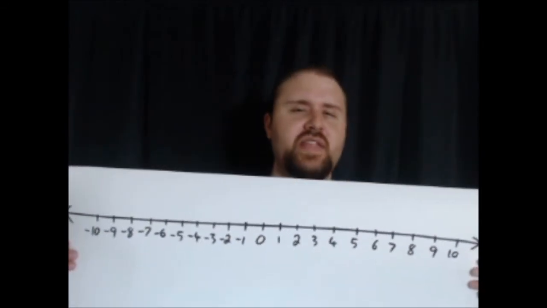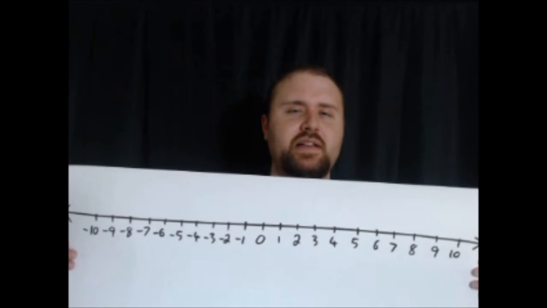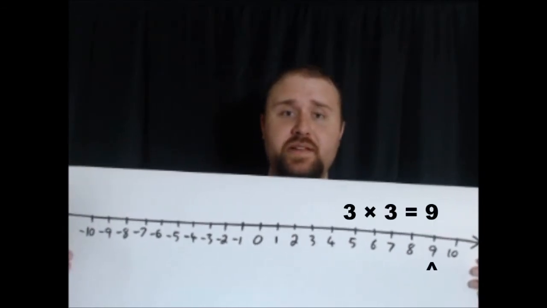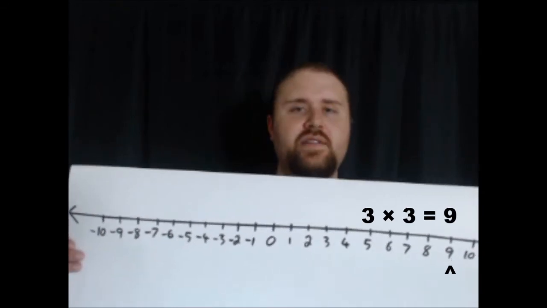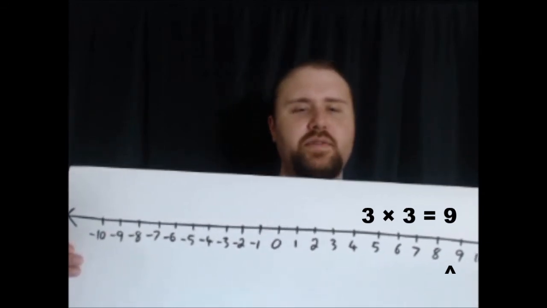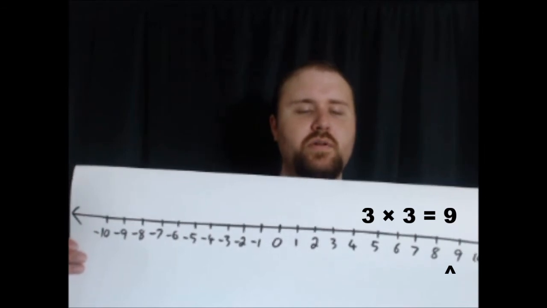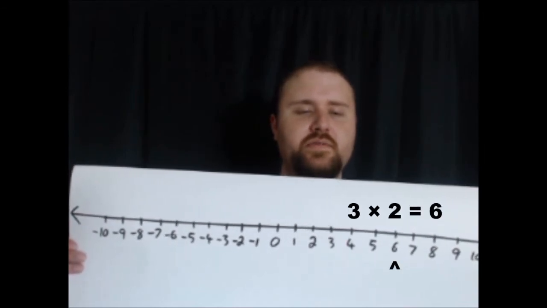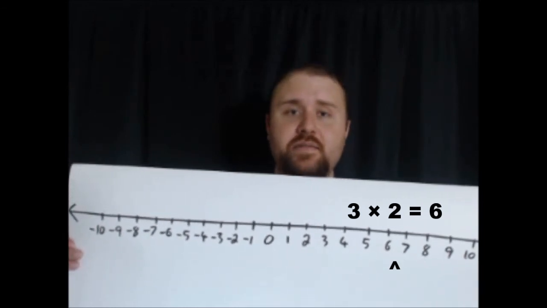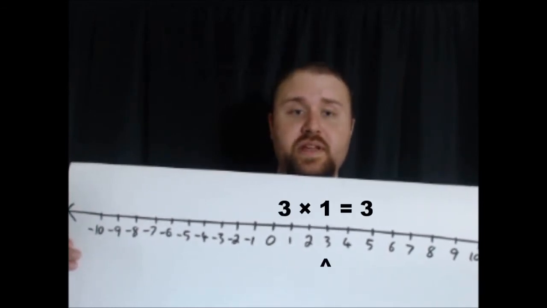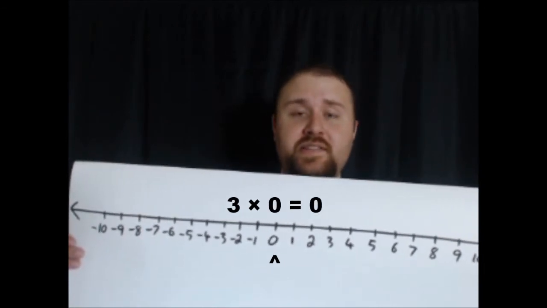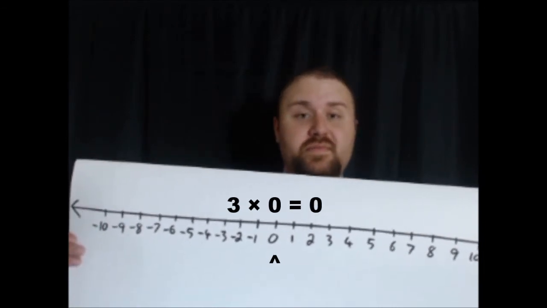So to illustrate this point with negative numbers, we're going to try something a little bit different. Let's start at 3 times 3, which is 9. Now, if I were to decrease my second number, then that means I would move down 3. So from 9 to 6. 3 times 2 is 6. If I were to decrease it again, then it moves down to 3. 3 times 1, 3. If I do it again, now we're at 0. 3 times 0, 0.